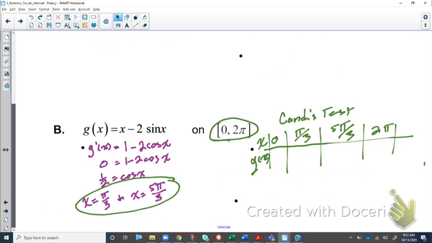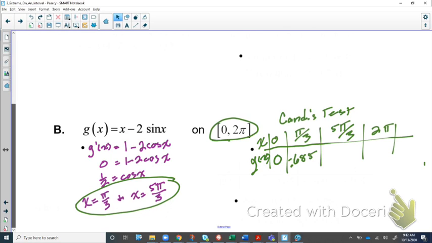And here again, for the candidates test, this is really where you should have a calculator to help you, because you want to see what the output values are going to be. When x is 0, both sine of 0 and x equal 0, so this gives you an output of 0. At pi over 3, I'm getting negative 0.685.